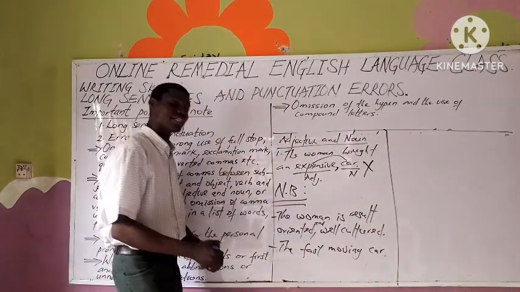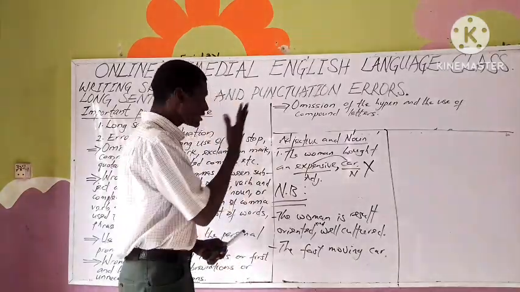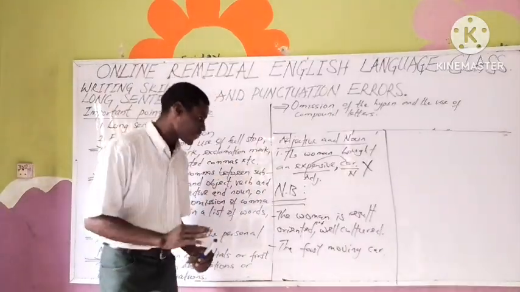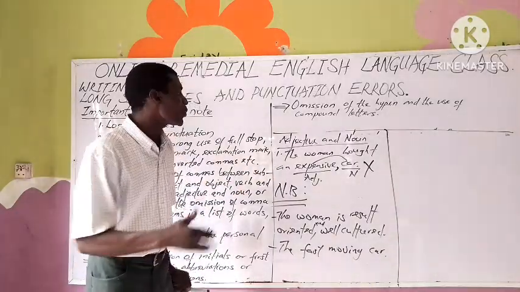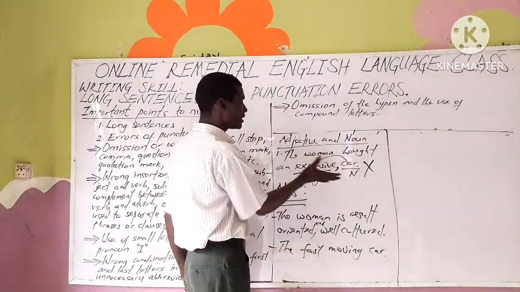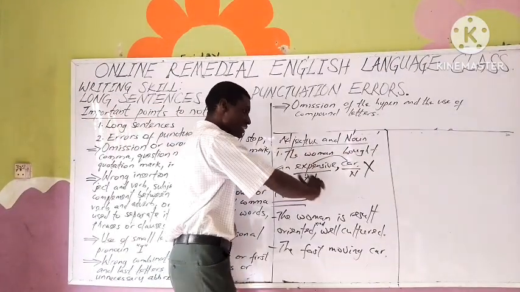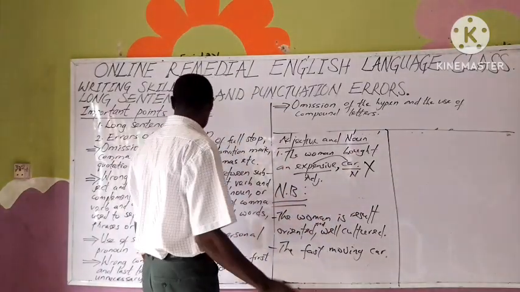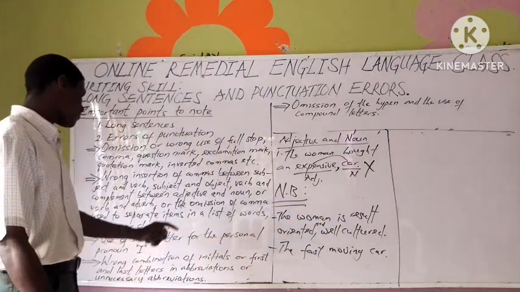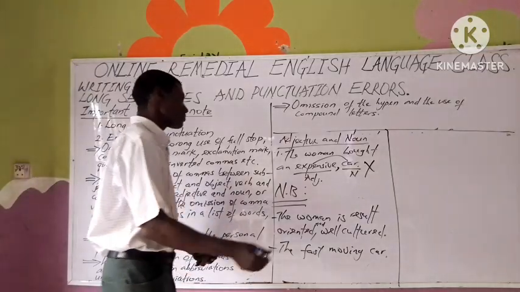Of course, we also need to pay attention to the order of these adjectives. I don't need that now, that is why I don't want to go there. Essentially, come back to this. You cannot put a comma between an adjective and the noun that the adjective is qualifying. They are supposed to be together. Take note of that.